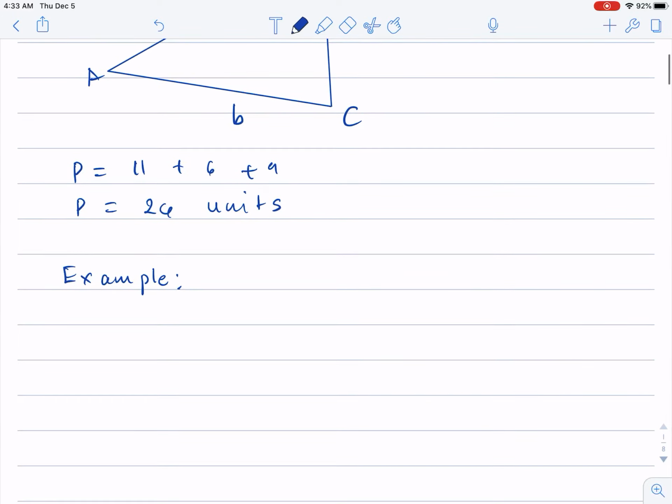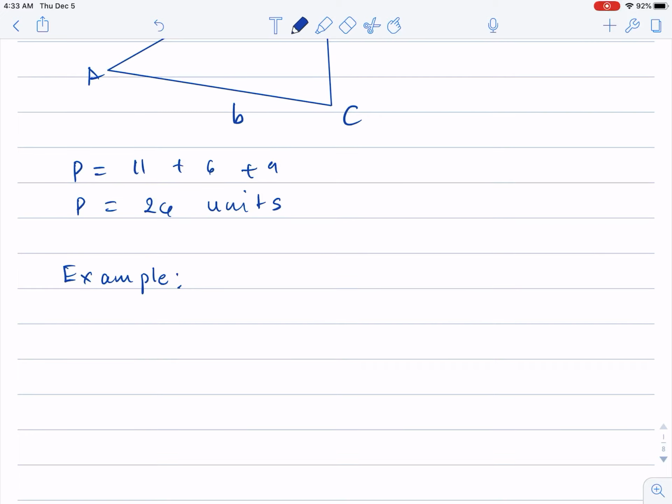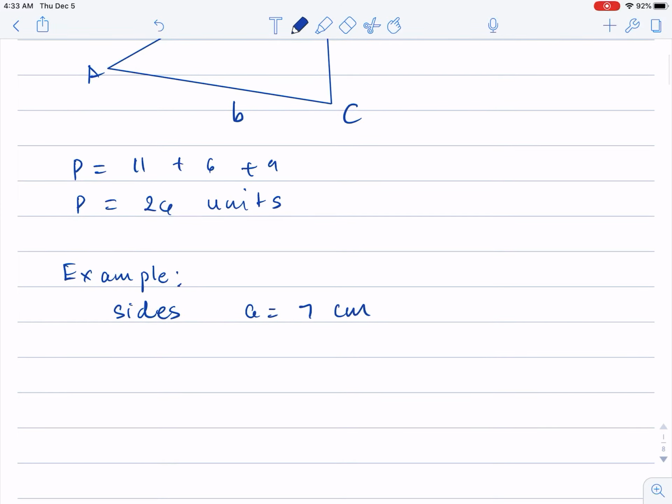So the sides of a triangle, no? So A is equal to 7, B is 9 centimeters, and C is 12 centimeters. What is the perimeter? No?